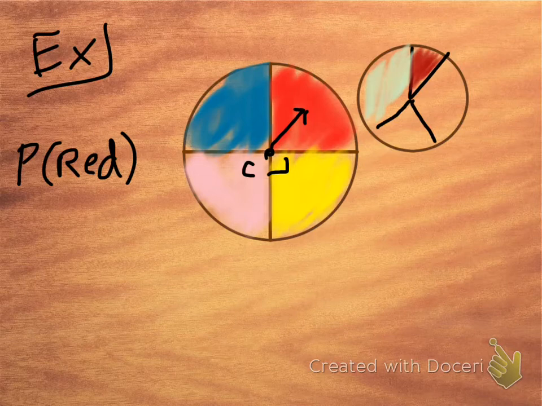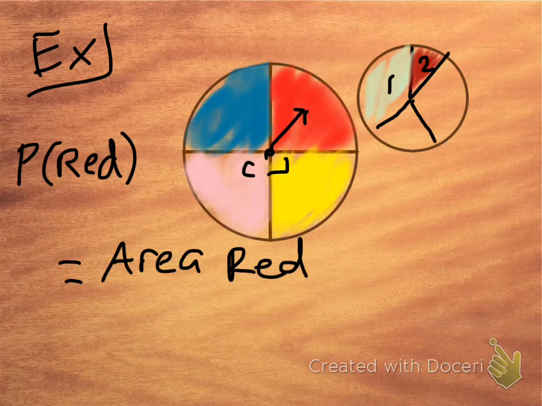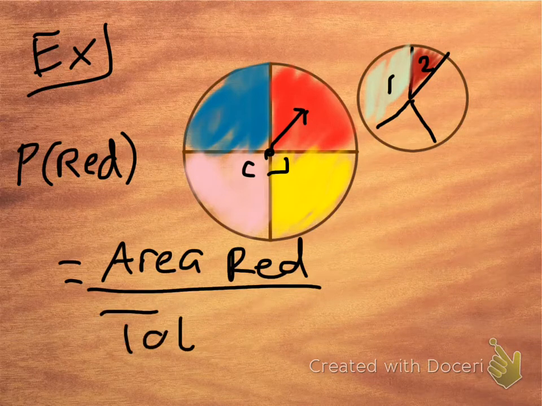So we can't just say that this section 1 and this section 2 have the same probability, because they're different sizes. So you're really comparing the area of the red over the total area.